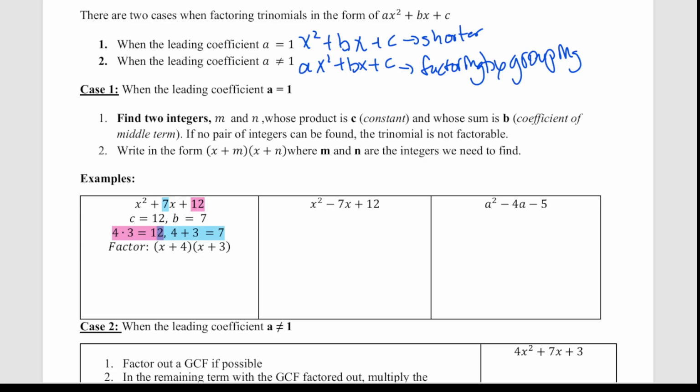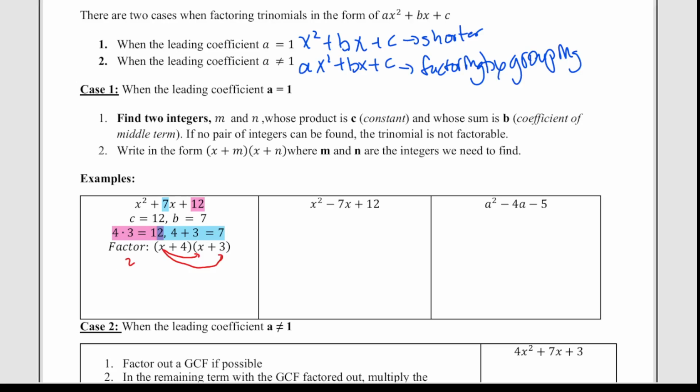And when we factor it, we haven't actually changed the value of the problem. If I were to refoil that out, x times x gives us x squared. X times 3 gives us 3x. 4 times x gets us 4x. 4 times 3 gets us 12. So let's note what we just did with that foiling.